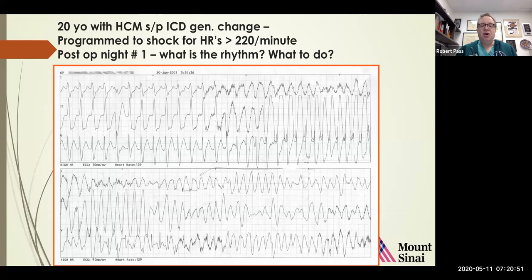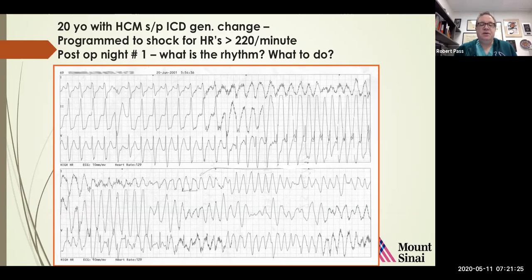The majority of the time, if the R wave exceeds 4 millivolts, it is very likely that the defibrillator will sense the tachycardia. And in fact, in this era, we used to induce VF every single time we would change a generator, and we would test the device and its ability to detect and defibrillate a patient. And we had done that in this patient, and it worked very well.